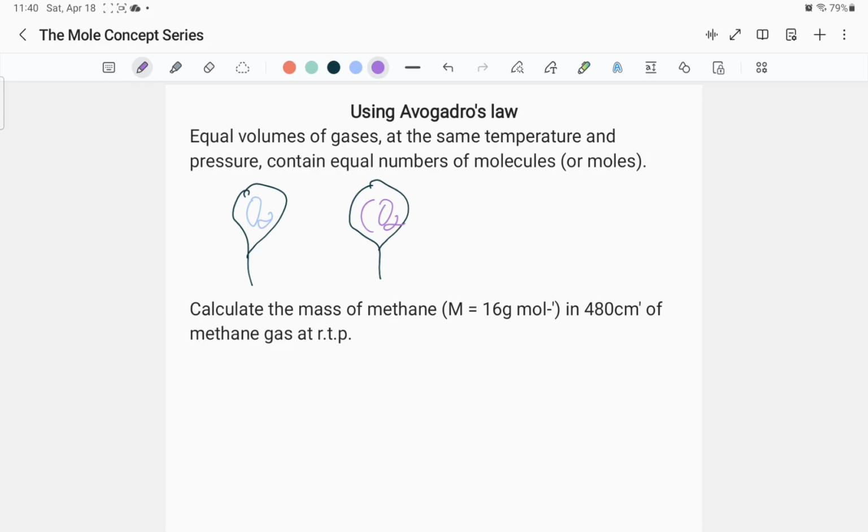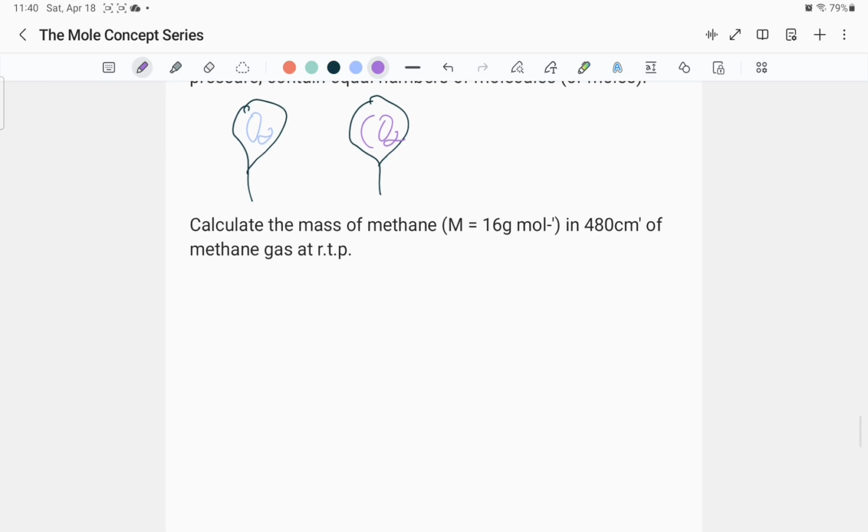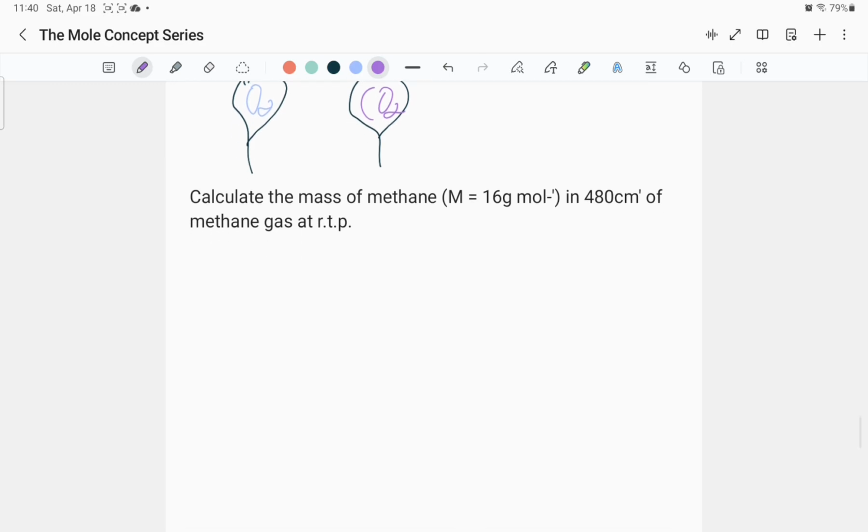So in the first example, calculate the mass of methane in 480 centimeters cubed of methane gas at RTP. The key thing to note is the condition in which this gas is operating under, which is RTP. And gases at RTP have a molar volume of 24 dm cubed.